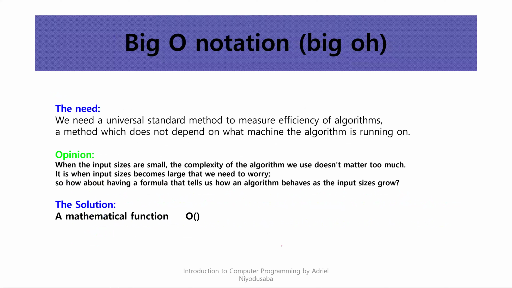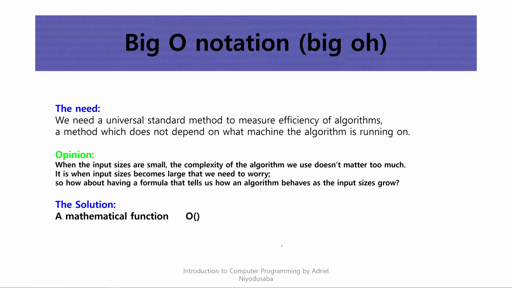Now that raises the need for something, and that takes us to what is called the big O notation. There is a need for this notation, and the need is that we need a universal standard approach to measure the efficiency of algorithms.